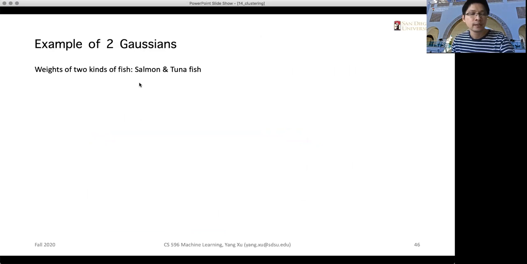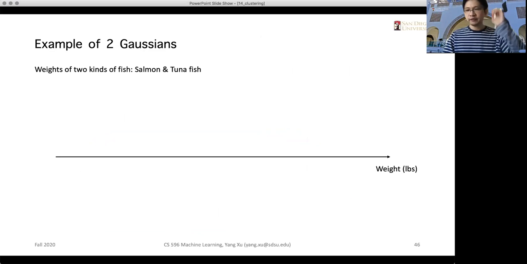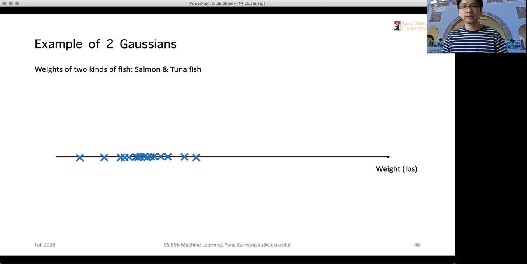All right, now let's look at the example of two Gaussians. So now we have two kinds of fishes, not just one kind. We have salmon and tuna mixed together. If we plot them along the x-axis, it may look like this.